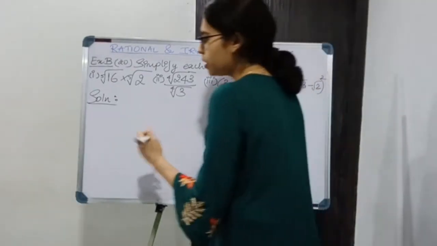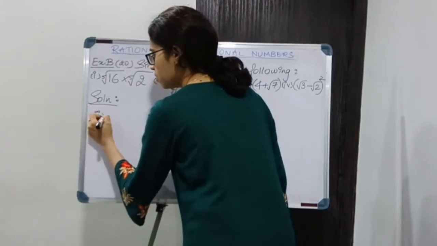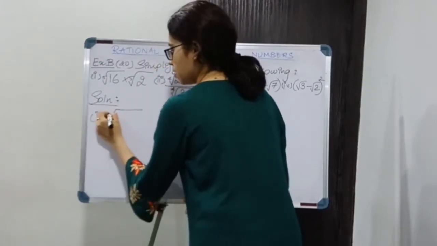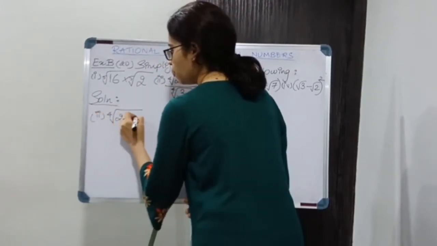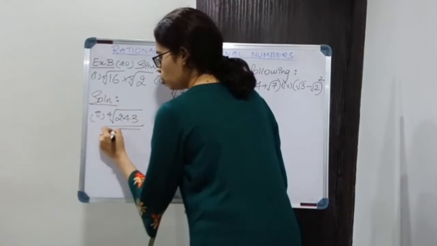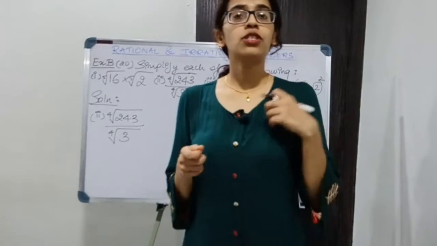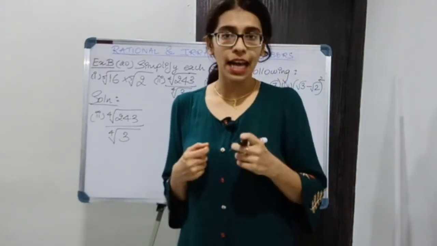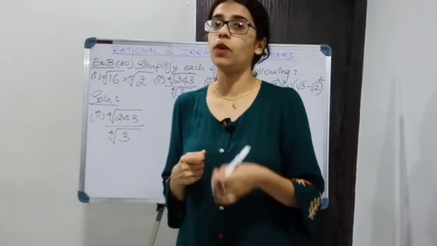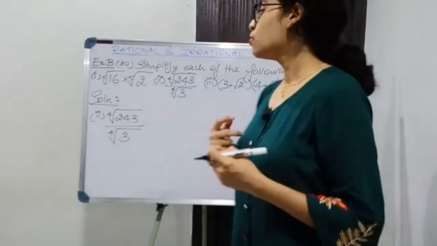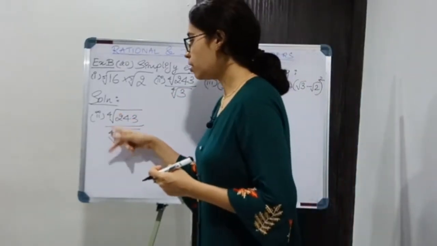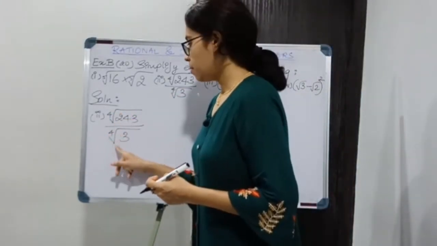Now moving on to the next part of the question. 4th root of 243 upon 4th root of 3. We cannot add or subtract roots, but we can multiply and divide them. Just be careful with the root powers over here.